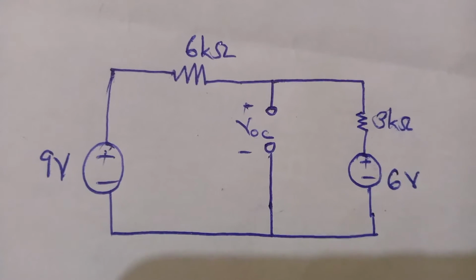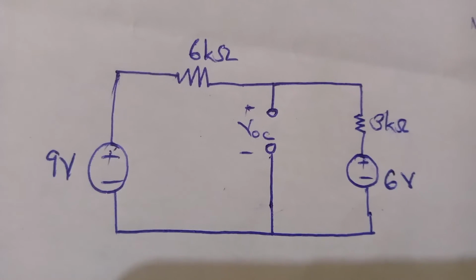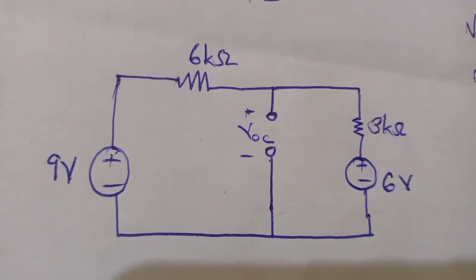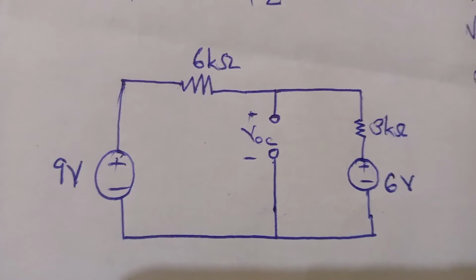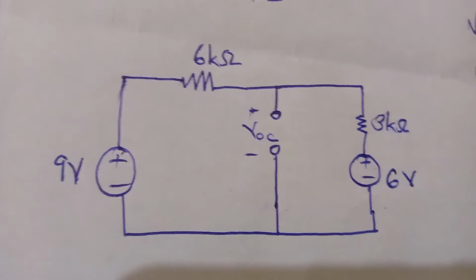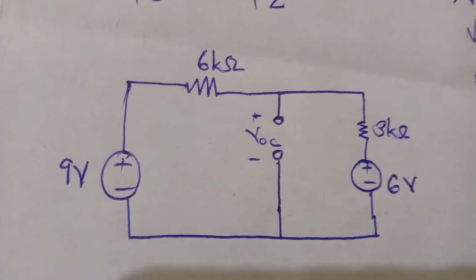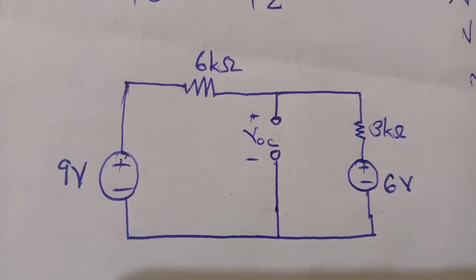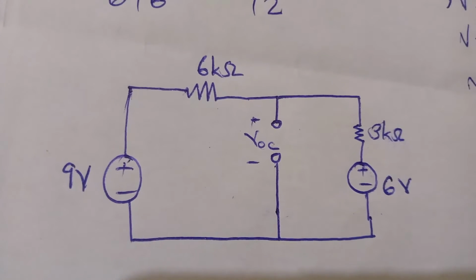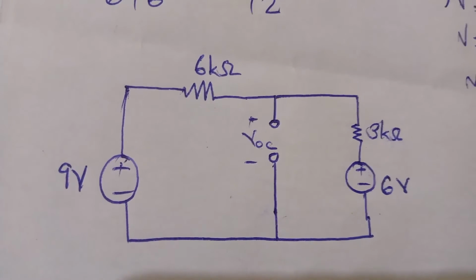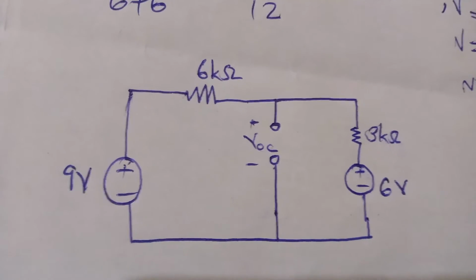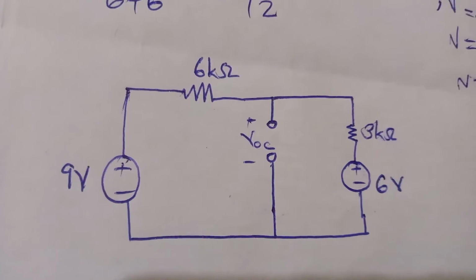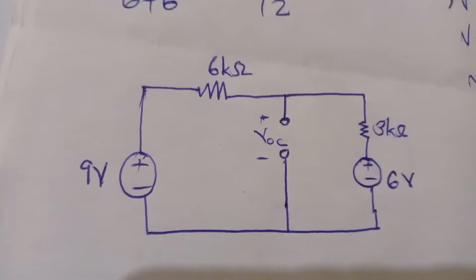Our next step is to redraw the circuit after transforming the current source into a voltage source, and in this case we can apply any method of determining the conditions needed and the output voltage VOC, which is what we are looking for. So we can use Kirchhoff's voltage law and take loops.